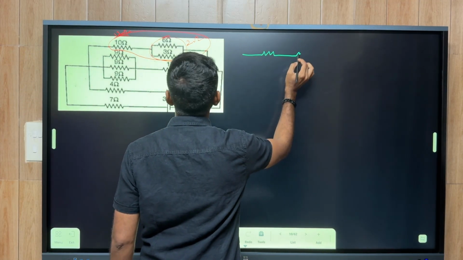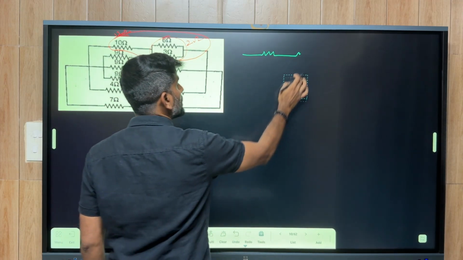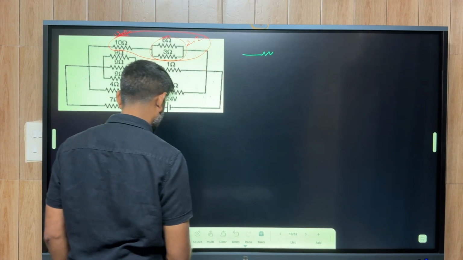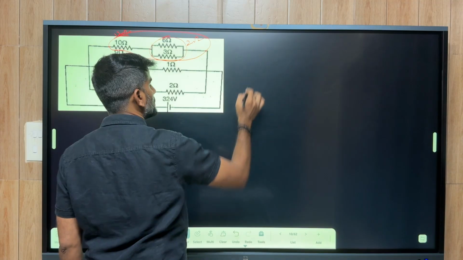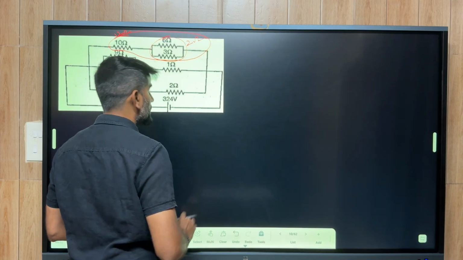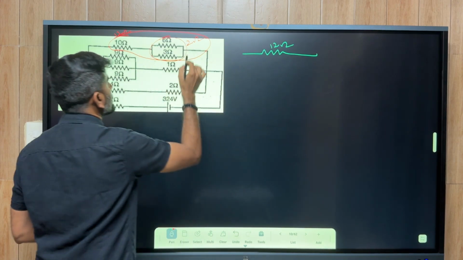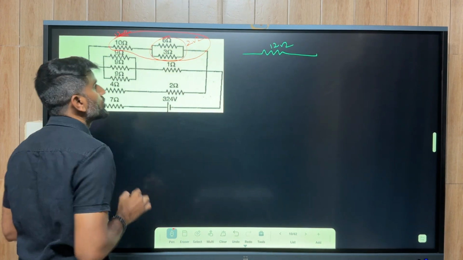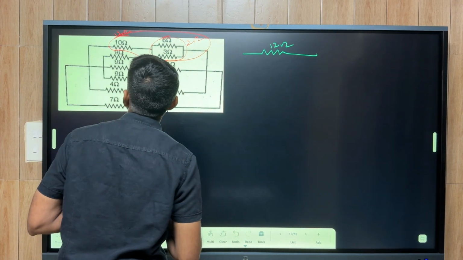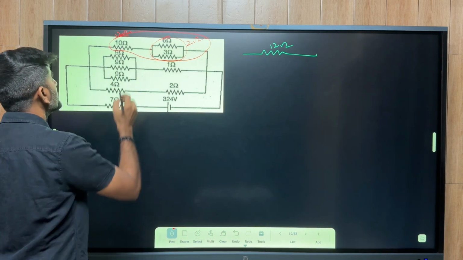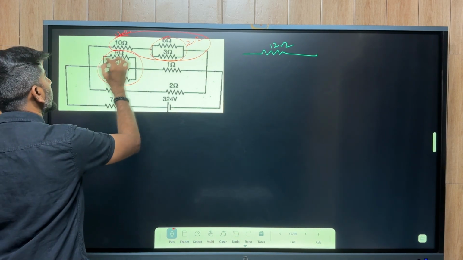Finally, this is a 12 ohm resistor which is here, because it is 2 ohms and this is 10 ohms, which is 12 ohms. Now here 9, 9, 9.